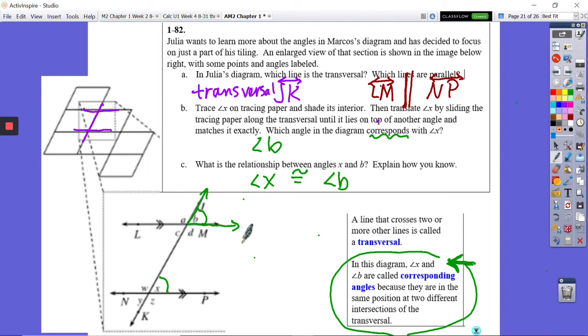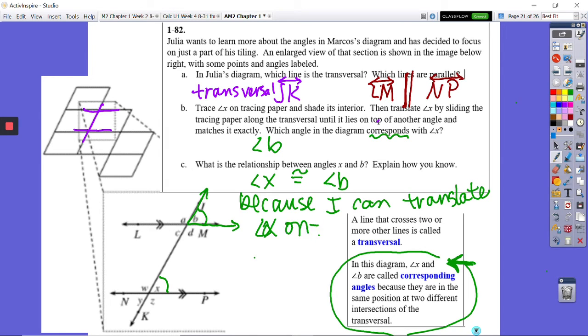Congruent because I can translate angle X onto angle B. Okay.